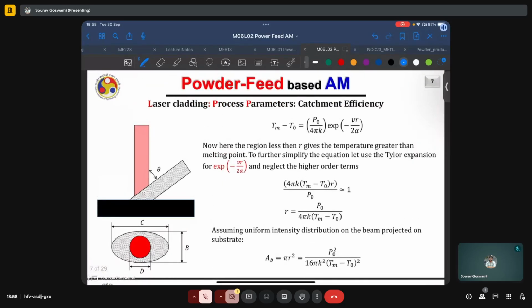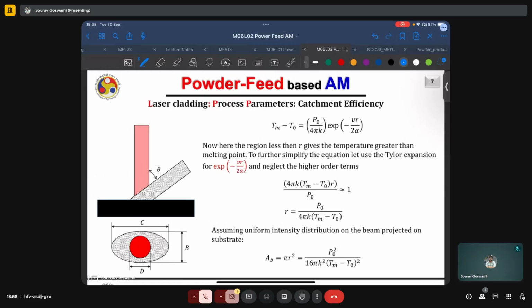And what this gives us is the region less than R gives a temperature greater than the melting point. We can further use the Taylor expansion for this exponential term, neglecting the higher order terms to get R equals P naught by 4 pi k Tm minus T naught.